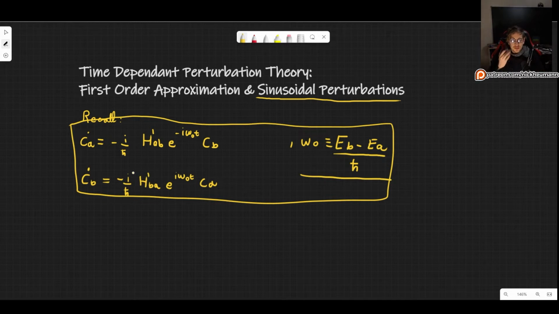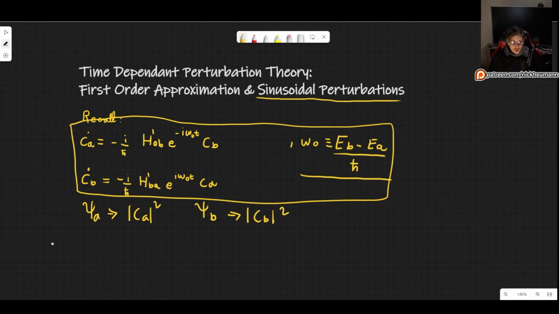So if we want to apply perturbation theory, we will assume that the Hamiltonian that will go into this will be relatively small. Then what we will do is the following. Let's assume that we will start at one of our two energy levels. We have two states. We have state psi A with probability Ca squared, and we have state psi B with probability Cb squared.